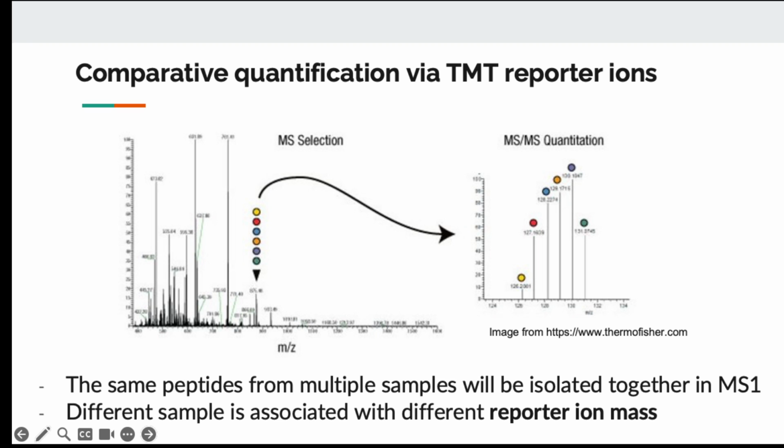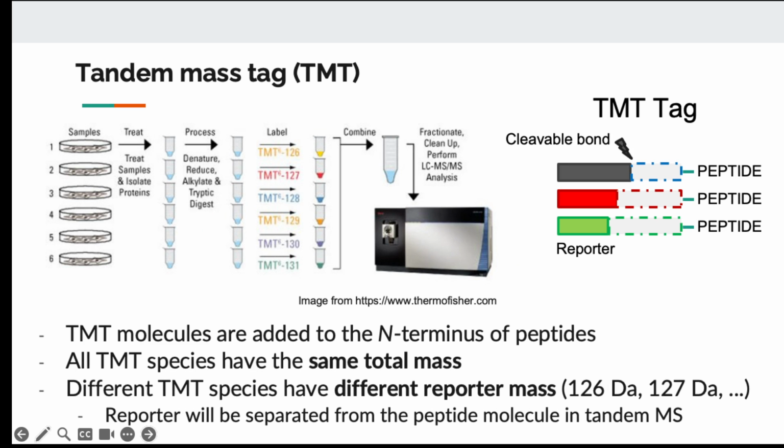So when the mass spectrometer isolates these ions, these same peptides coming from different samples will be isolated together. But during fragmentation, some fragmentation will cut the peptide bond inside the peptide, but some fragmentation, the collision, can induce the cleavage of this reporter.